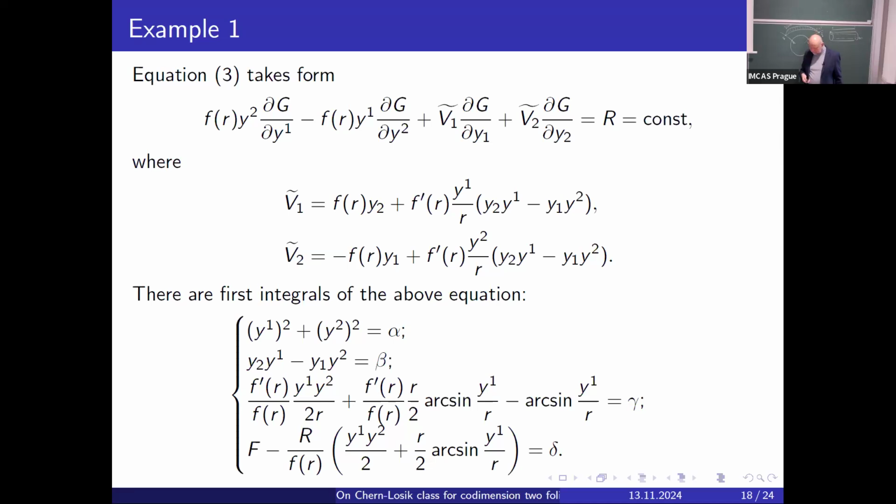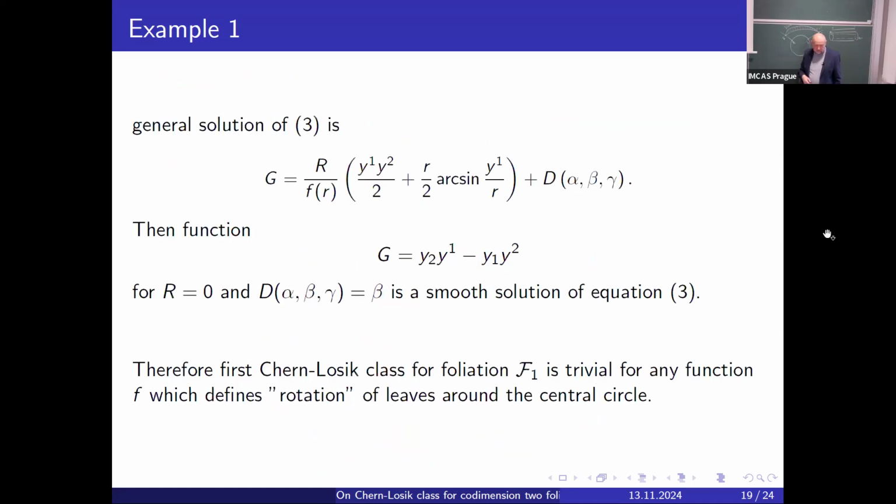Alpha, beta, gamma, delta are some constants, and we have a general solution in this form, and we can easily take R equals 0, and so we have this solution. So this is an explicit solution of this equation, and this gives triviality of the Chern-Losik class.